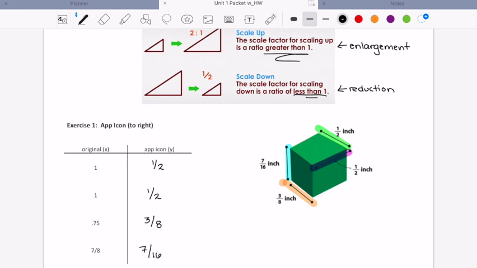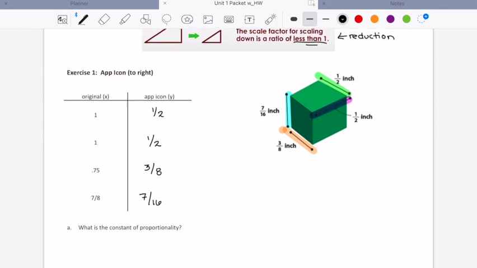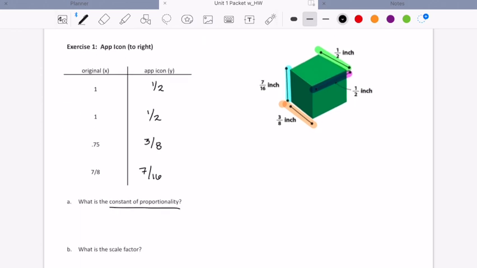It says, what is the constant of proportionality? Well, constant of proportionality, k equals y divided by x. I'm going to show my work for all 4 of these fractions. So I'm going to have 1/2 divided by 1, 1/2 divided by 1.